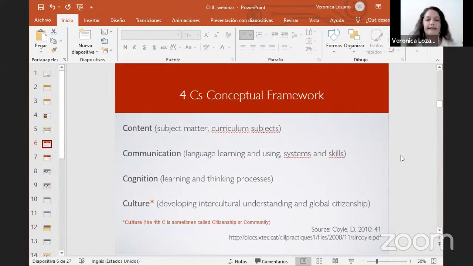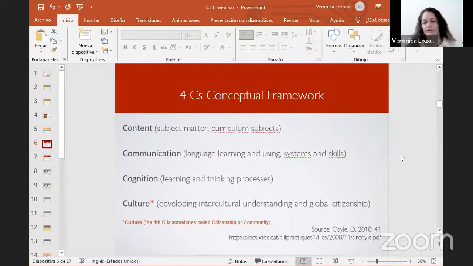This framework relies on these 4 pillars: content, communication, cognition, and culture. And more than pillars I think I would call these the ingredients, because if you want to distinguish general English from English with a CLIL approach, you would be looking at these 4 items.